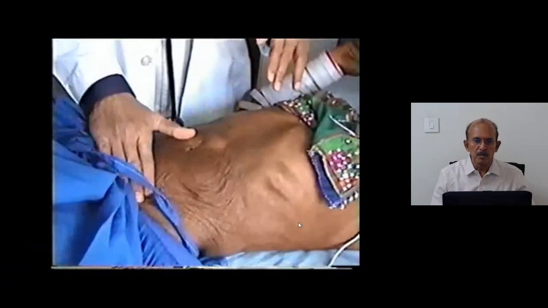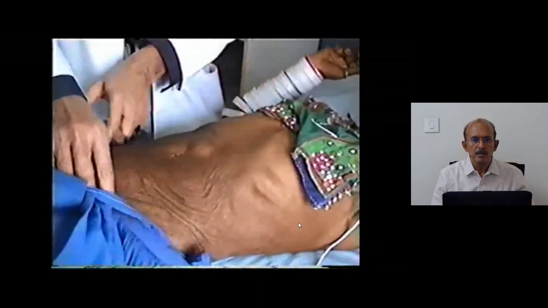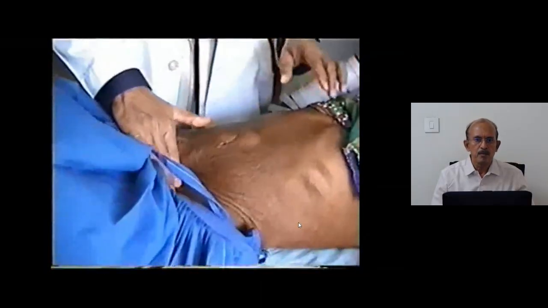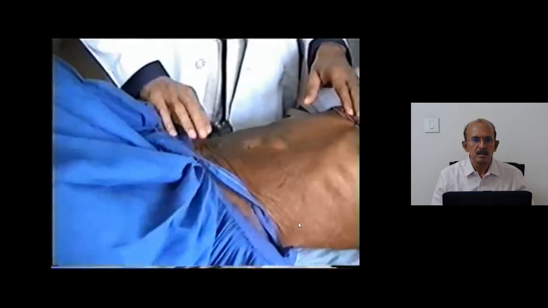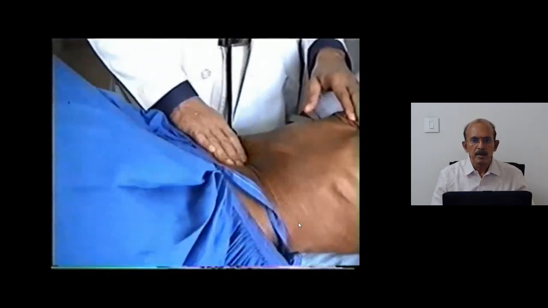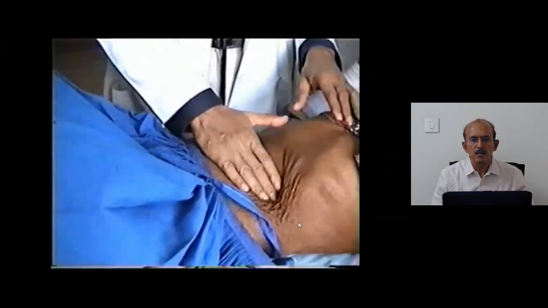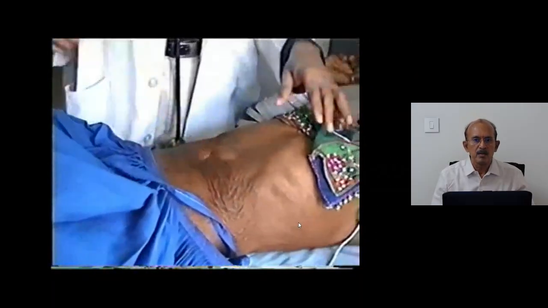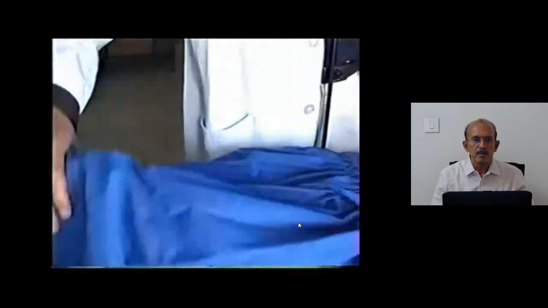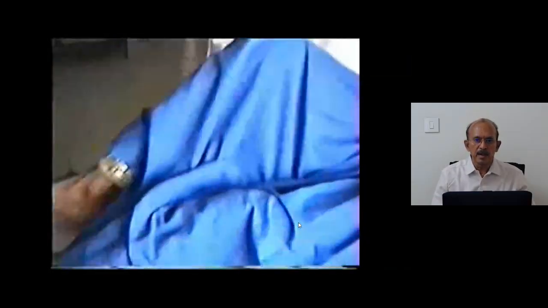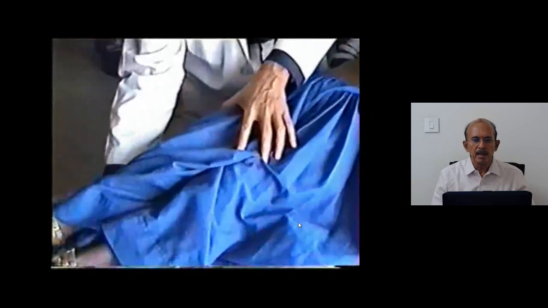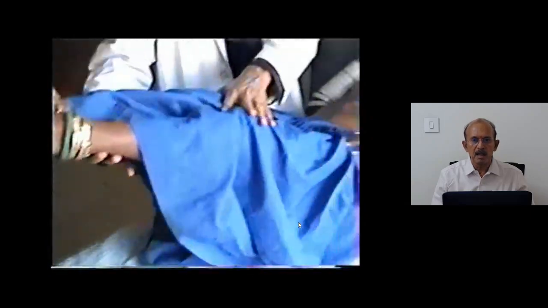Then feel the left lumbar region, left iliac fossa, suprapubic region. Then feel the umbilical region. The lump is there. That is why I am trying to check for the plane of the swelling, whether it is parietal or not.